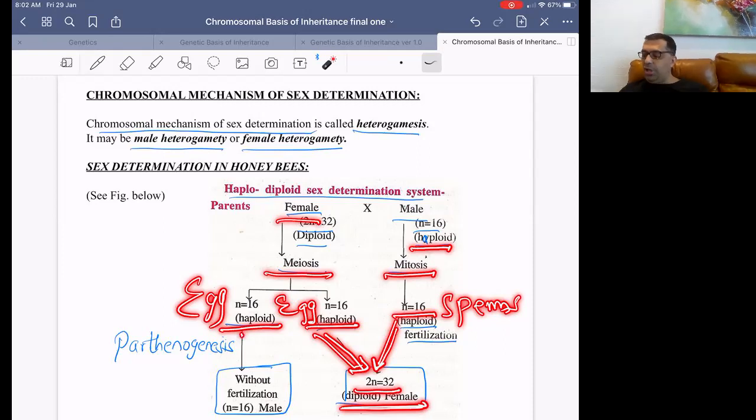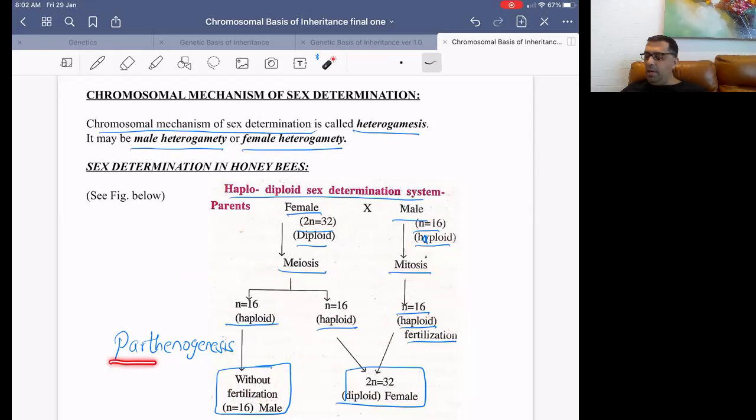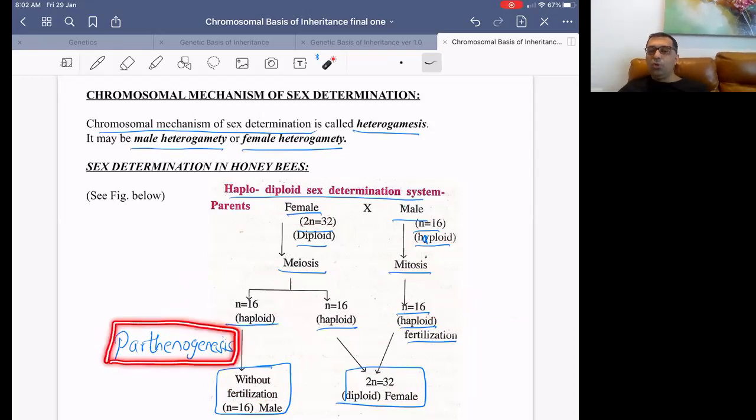Without fertilization, it starts undergoing mitosis to form an n=16 male. So males are formed without fertilization, and haploid males are formed from the haploid egg. That phenomenon is called parthenogenesis.